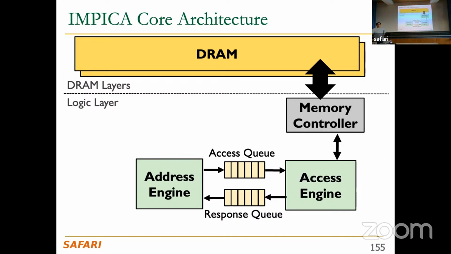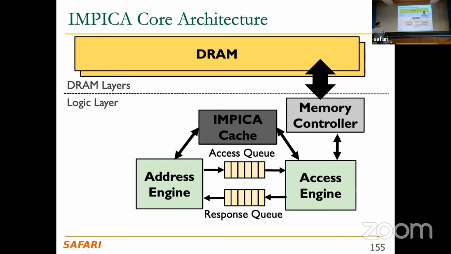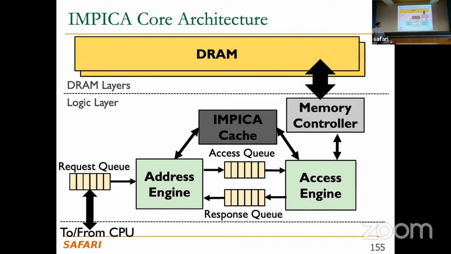The response queue brings the data to the address engine for further pointer chasing, right? And then there is also this Empika cache, because it makes sense to have a small cache near the accelerator in order to avoid some of the accesses to DRAM, and then we have the request queue.